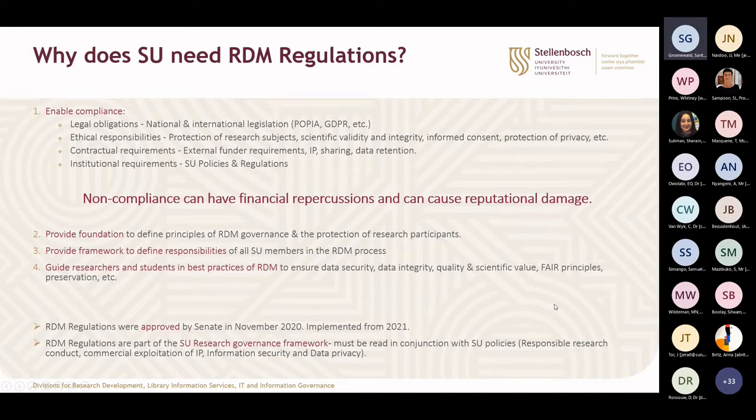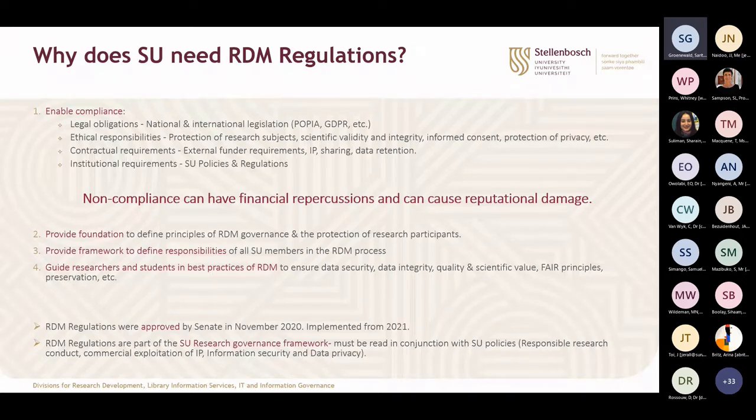So why do we need the research data management regulations specifically? It enables compliance. Firstly, we have legal obligations. There are national and international privacy legislation like the POPIA in South Africa and the General Data Protection Regulation in the European Union that we have to comply with. Then we have ethical responsibilities. Of course, we work with research participants and we must make sure that we protect their privacy.